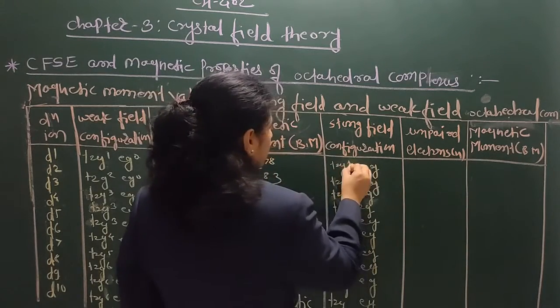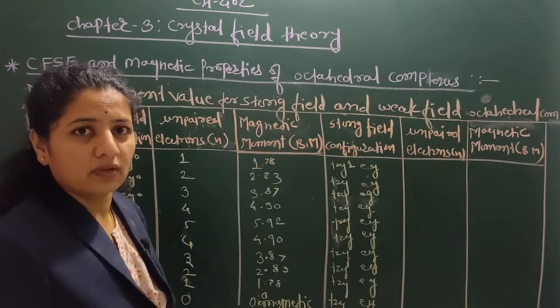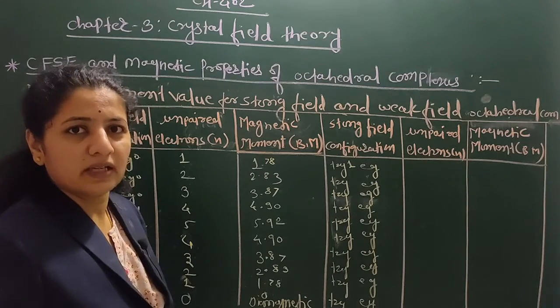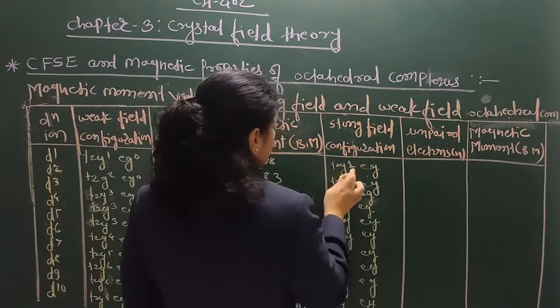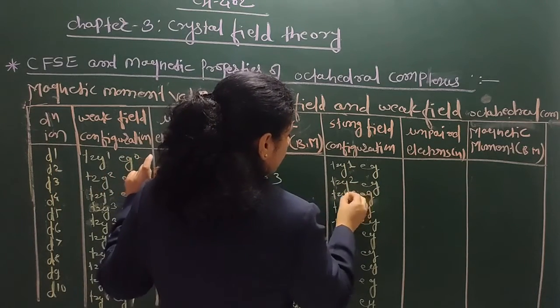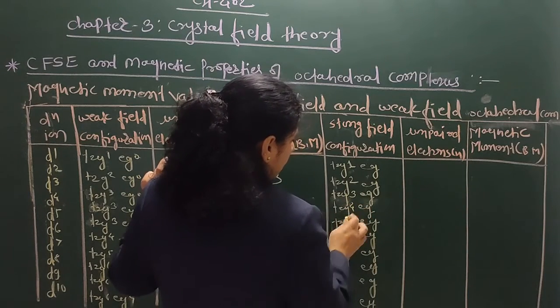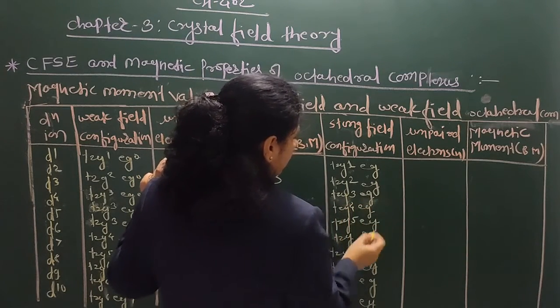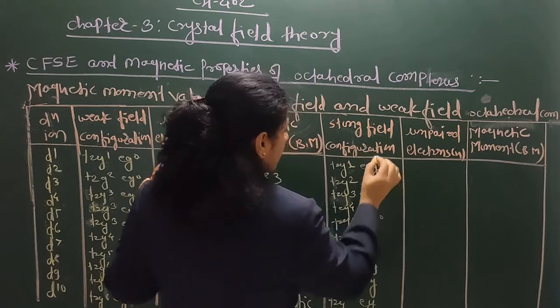Firstly the electrons pair in t2g, and after pairing in t2g, the remaining electrons go into eg. So for the d1 system that is 1 electron, for d2 that will be 2, for d3 there is 3, for d4 that is 4, for d5 there will be 5 electrons, and 0 electrons in the respective eg orbitals.